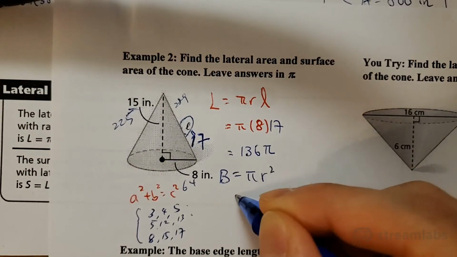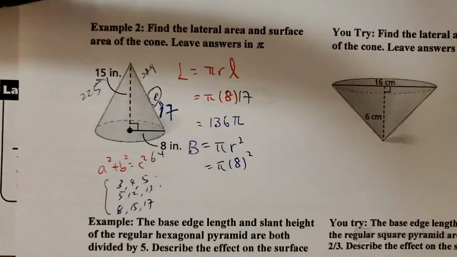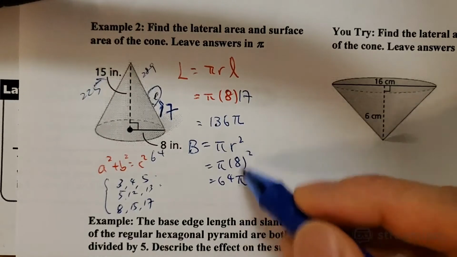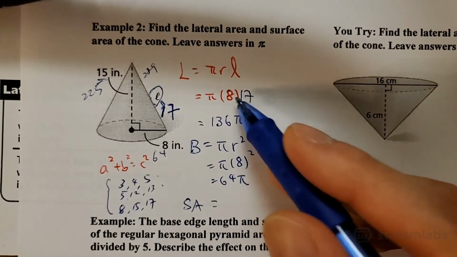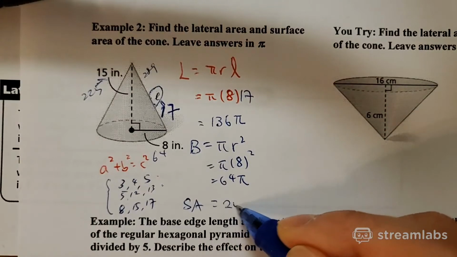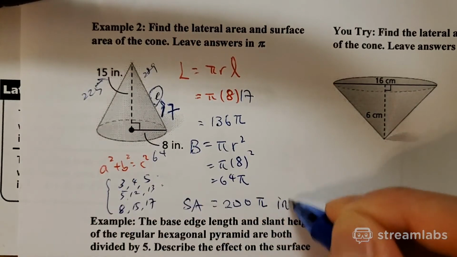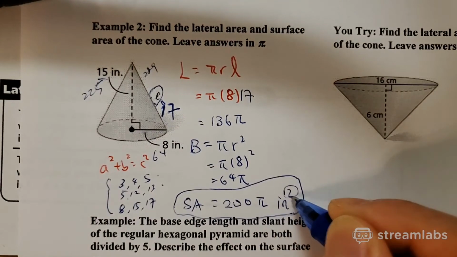So pi 8 squared, which is 64 pi. Right? Add them up. Surface area is, add these up, I think it's 200 pi. And units is in square inches because we're doing surface area, right? It's 2-dimensional. Make sure you have this square here, okay?